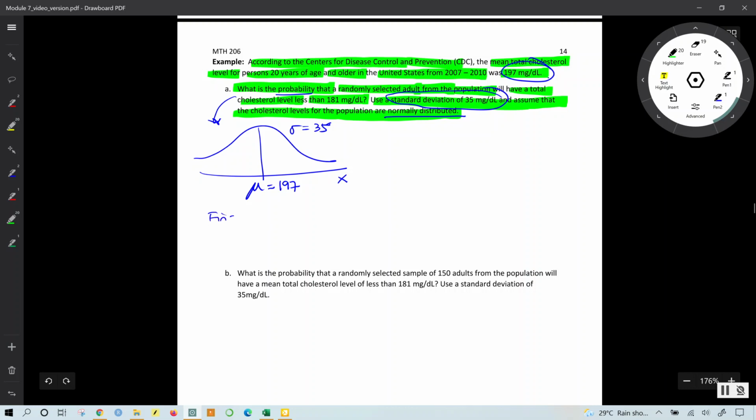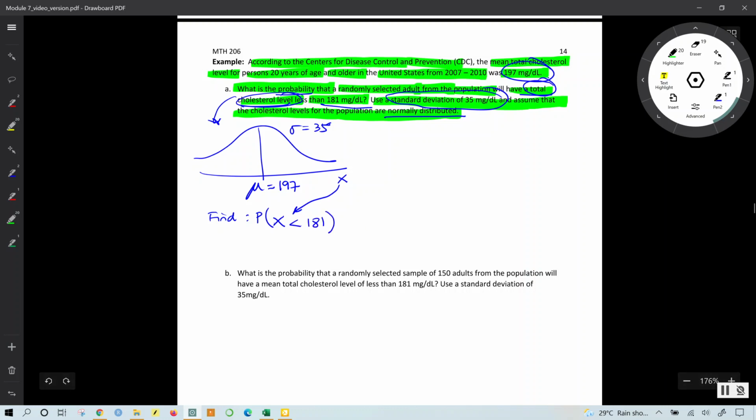So what we want to find is the probability that the total cholesterol level, take note, in this case, this is just about the amount of cholesterol level, not the average this time. This X is the variable of interest that accounts for the cholesterol level in a randomly drawn adult in the US. So this would be the probability that X is simply less than 181.